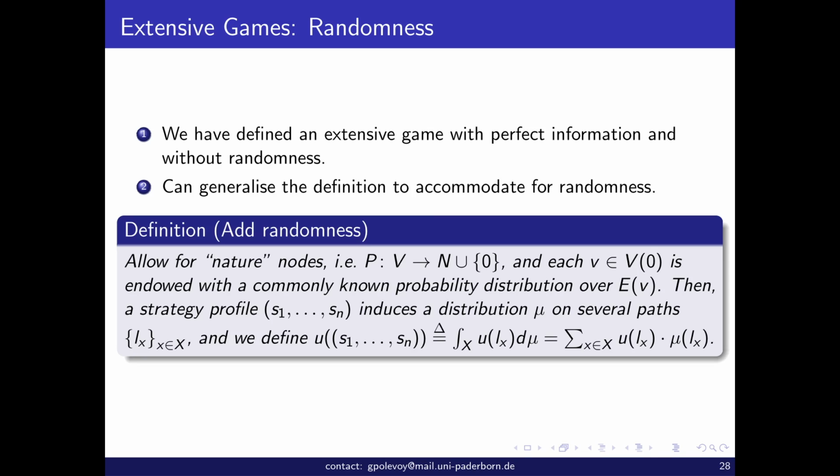To accommodate randomness, we just need to allow nature nodes. There is one more player which plays at all the nodes where we need to introduce randomization. So P, the function which tells us who plays at a given node V, I need to write V minus L. One second.